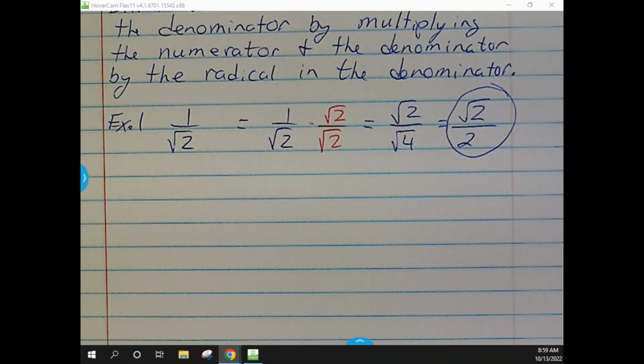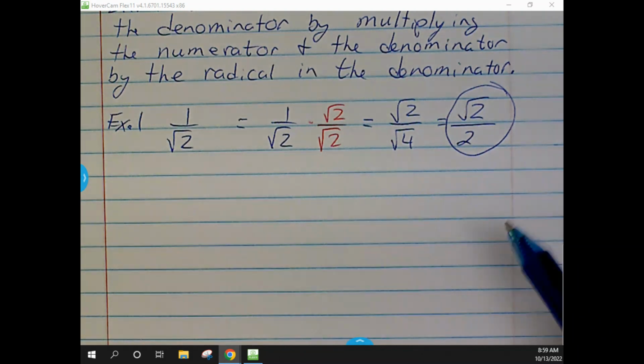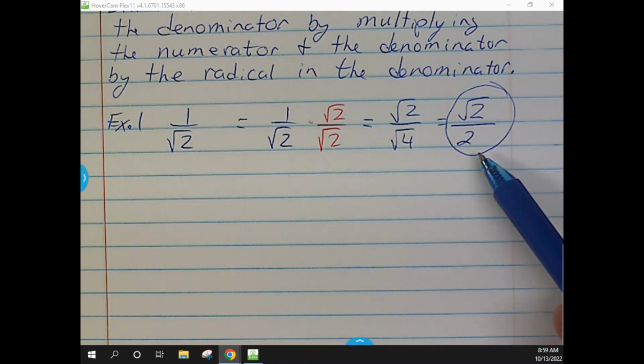If you were trying to add and subtract with radicals in the denominator, it got really hard because you're trying to do stuff with square roots. If your denominator is just 2 or 3 or 5 or 7, it's a lot easier to work with. So you're still going to have to learn it, but computers can handle it now, so it's not as big a deal as it used to be way back when.